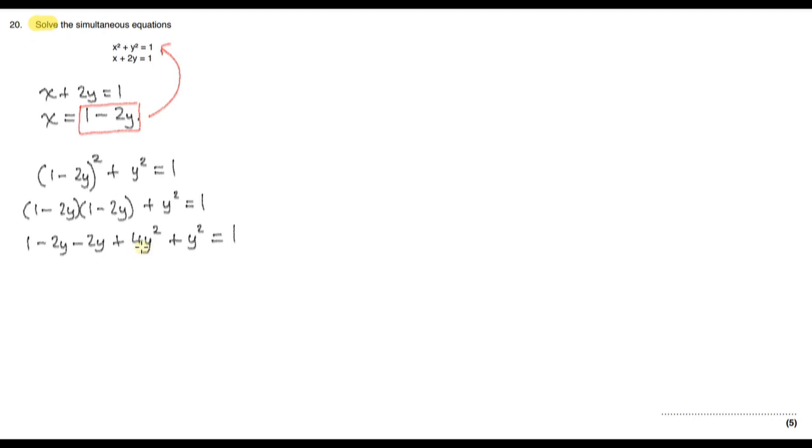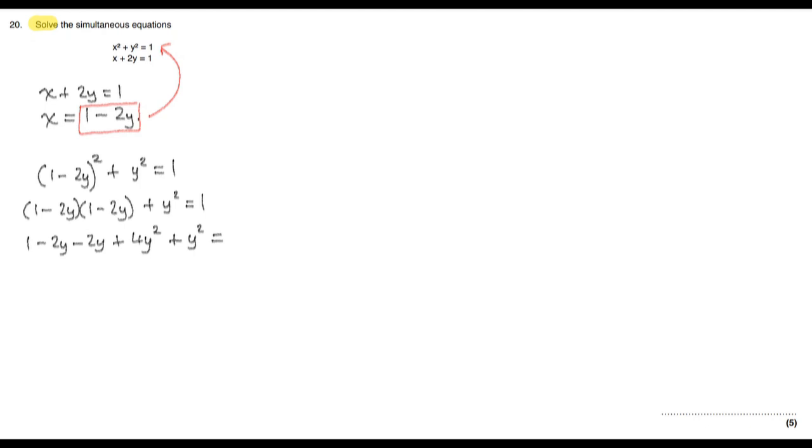Whenever we've got a quadratic equation, we always want it in the form of ay squared plus by plus c is equal to 0, where c is just a constant term. So we always want 0 on one side of our equation.